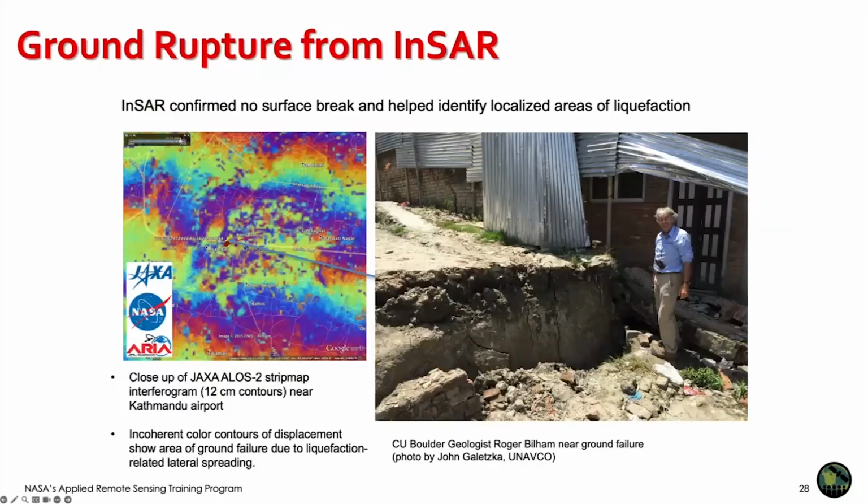And we found that there was quite a significant area, probably of liquefaction and ground disruption. And our colleague, Professor Roger Bilham from Colorado, went to the field and actually found some ground failures where this liquefaction caused it. It's not a primary fault rupture, it's a secondary rupture.